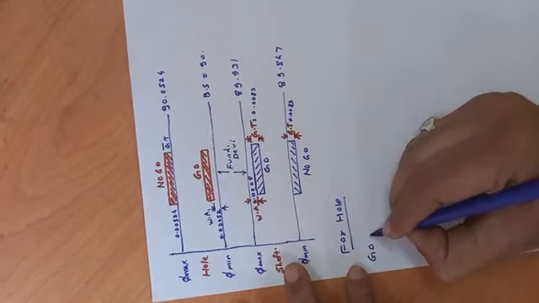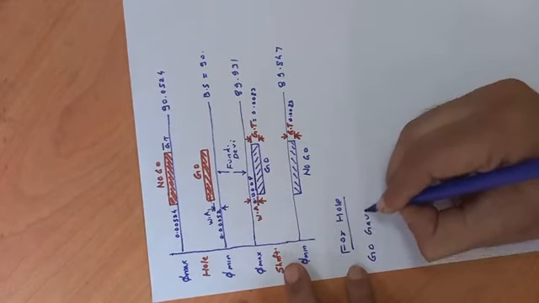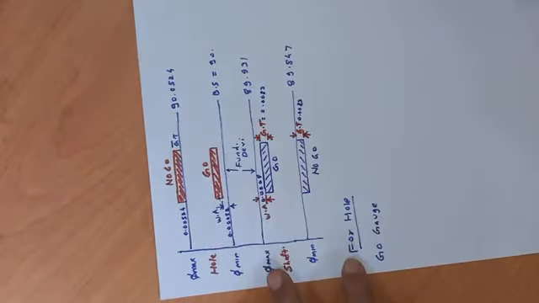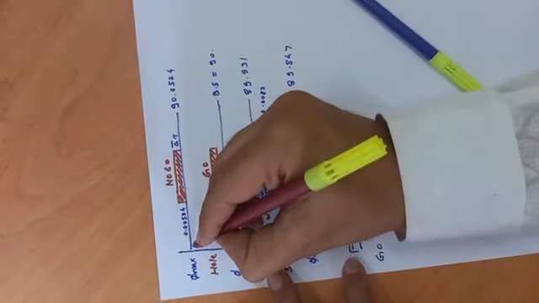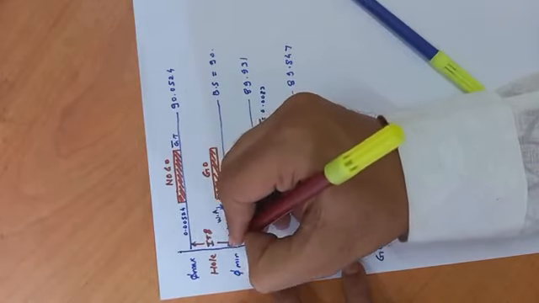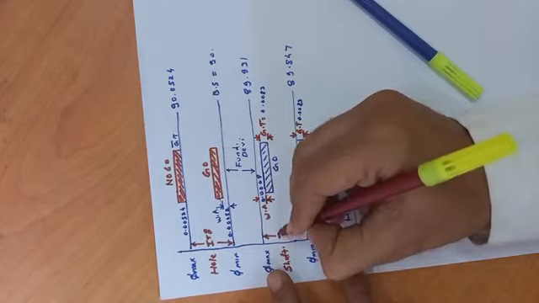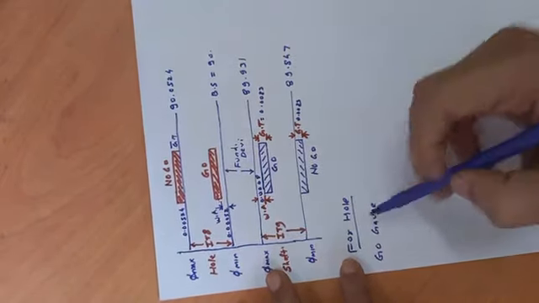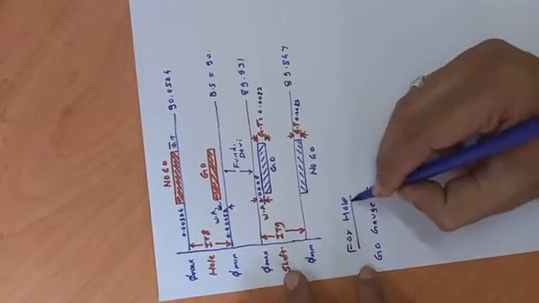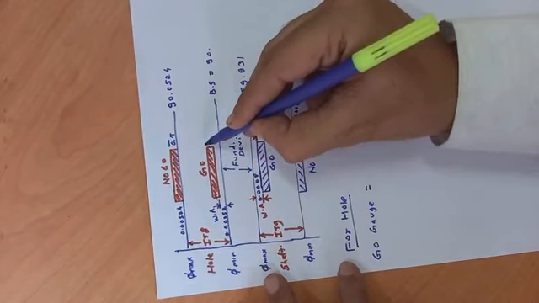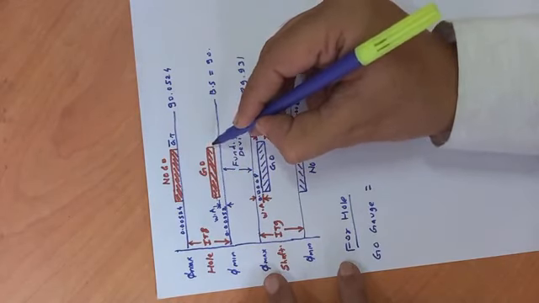So for hole, we have to calculate the dimension for go gauge. Okay, this is IT8, okay, and this is IT9. This is the tolerance zone. So for go gauge for hole, this is the maximum value and this is the minimum value.